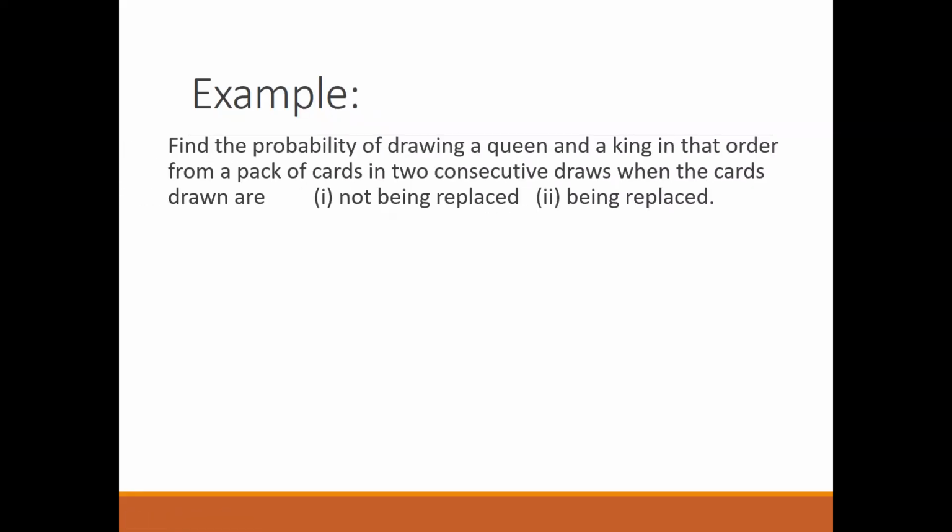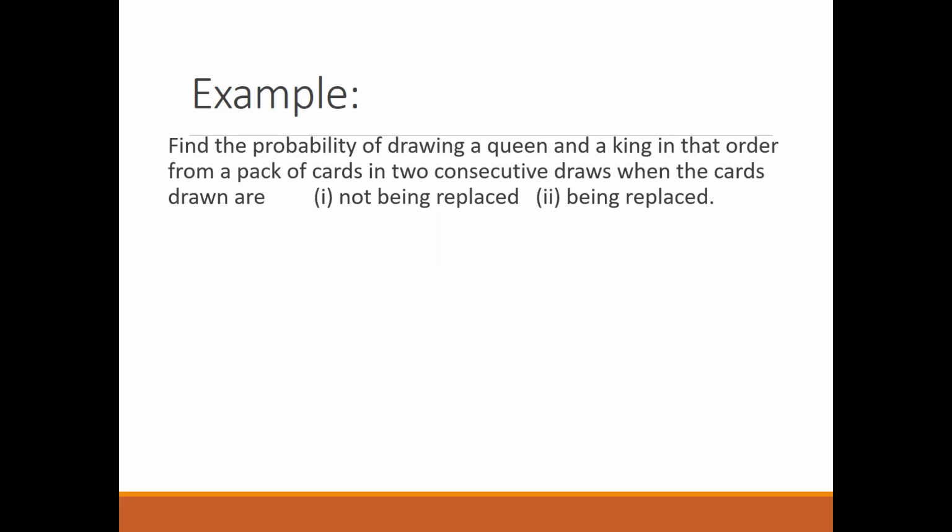Now let us take one example, and please carry a pen and paper, and I want some answers from your side. It is a very simple one, but try to make use of the formulas given to you and solve it. We need to find the probability of drawing a queen and a king in that order. That means first we have to draw the queen and then the king from a pack of cards in 2 consecutive draws.